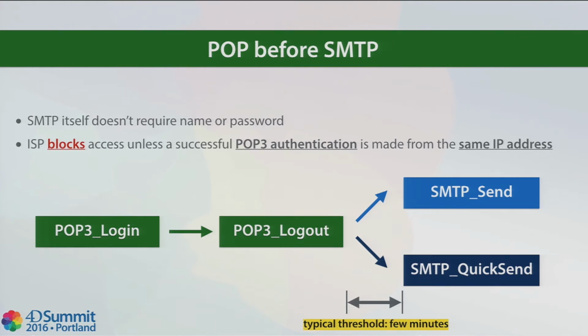The server remembers the username and the password and the IP address. So as long as you use the send command within a reasonable threshold, then that was assumed to be a legitimate operation. So that's how POP before SMTP used to work. And to do that, you use the POP3 command.